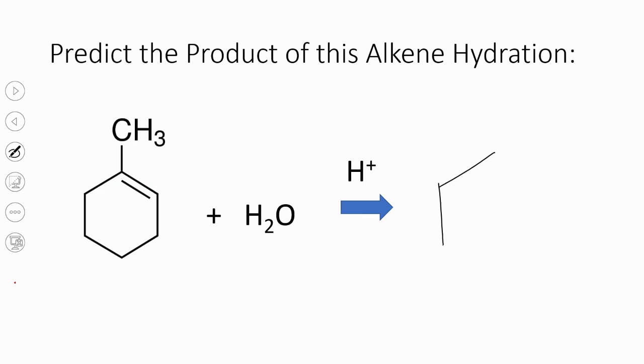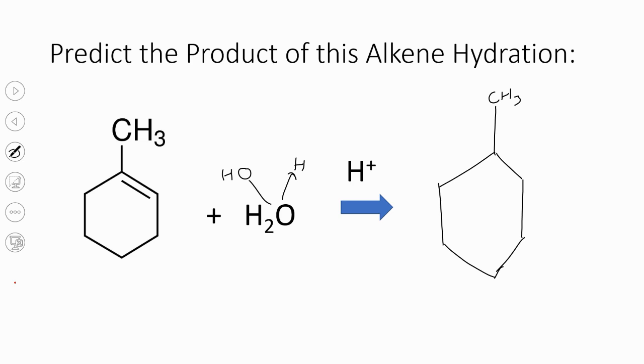We're going to get this cyclohexane, and we still have the methyl. The methyl didn't go anywhere. And we have to put an OH group. So this is going to break into an OH, and it's going to break into a hydrogen.